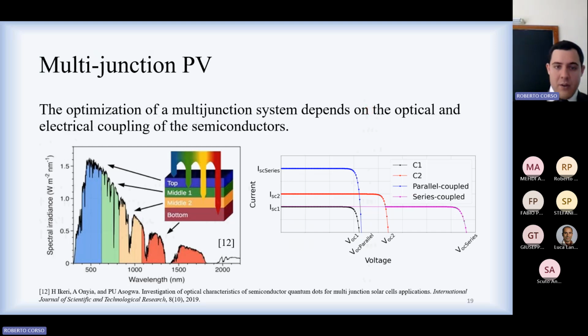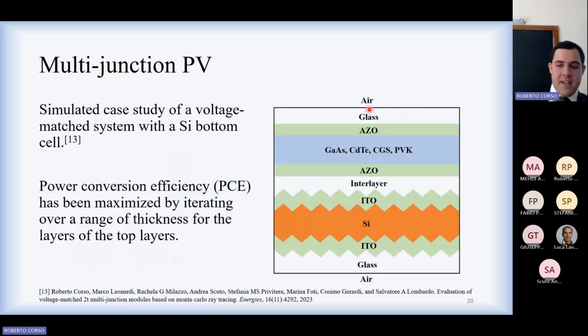Before that, I want to show you the case study that I performed during my PhD activity. In this case, we had a two-junction system, and the goal of the study was to optimize power conversion efficiency, starting from a bottom silicon module, where the thicknesses of these layers are, let's say, common values employed in the industry and are therefore fixed.